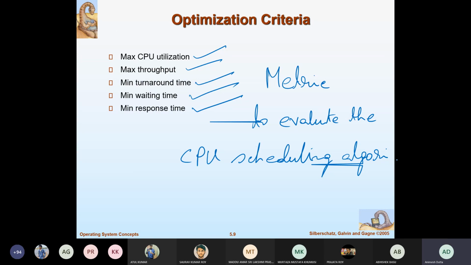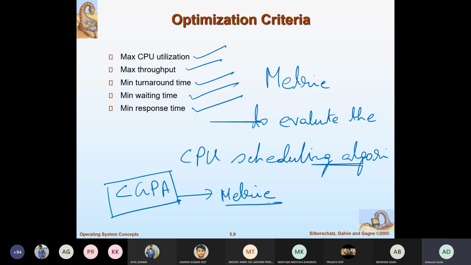Just like the CGPA is a metric to evaluate who is the best student and who is the average student in your batch, who is the topper in your batch. So CGPA is one of the metrics to evaluate the merit of the student.